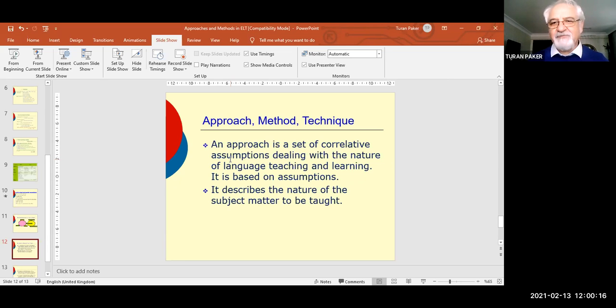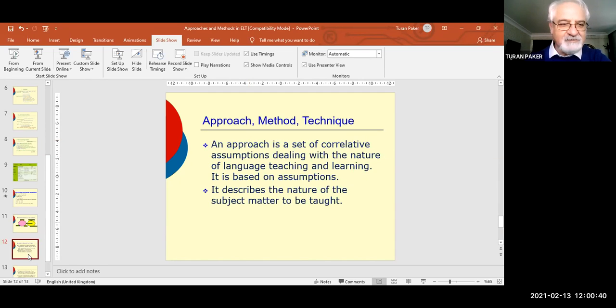If you have, for example, a structural approach, then your purpose is to teach the structure so that your students will have accurate language rather than communicative. So it depends on which approach you choose, or if you work in an institution, what approach they have. You are just going to do all your teaching and learning activities based on this.